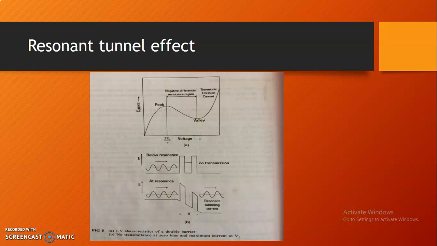That is, the tunneling currents through the heterostructures can show zones of negative differential resistance, that is, NDR will be seen. The operation of NDR electronic devices is based on the resonant tunnel effect, RTE.